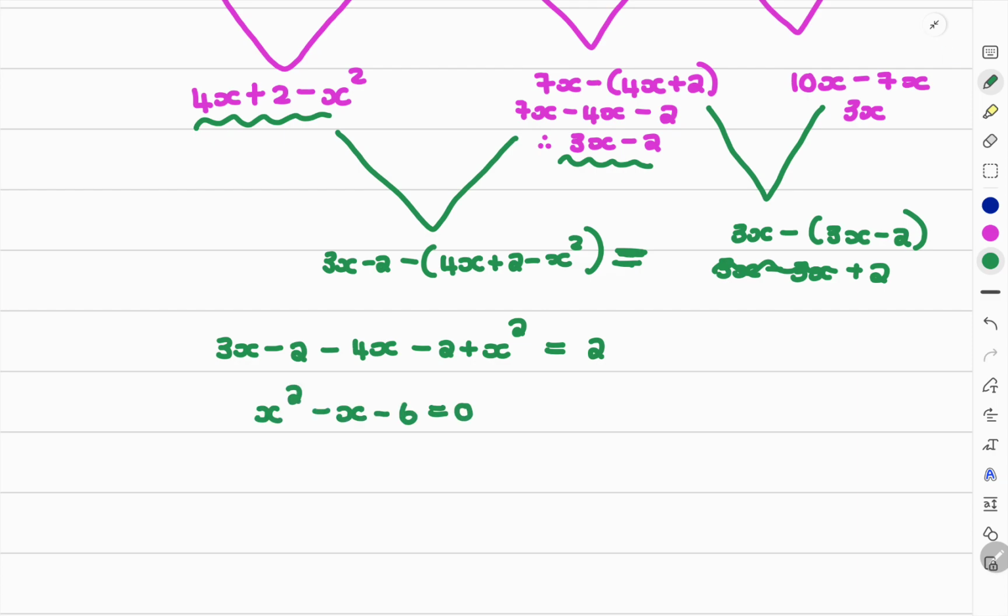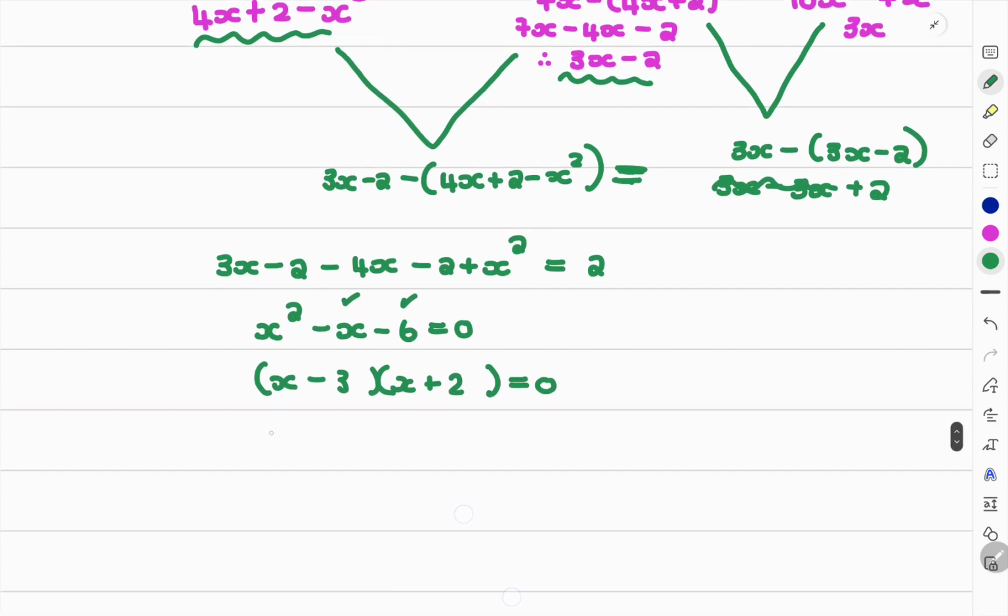As you can see, you're going to end up with a quadratic equation, so you'll have to factorize. You're going to find two values for x. They're different. The first one's minus, plus, and a minus 3 times a positive 2 will give you the negative 6, and minus 3 plus 2 gives you the negative 1. So x is either 3 or x is negative 2.